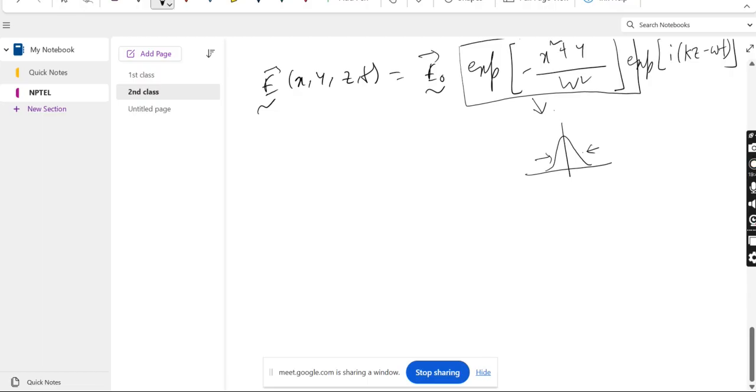Now, I want to mention that you can also write a cylindrical wave or a spherical wave.